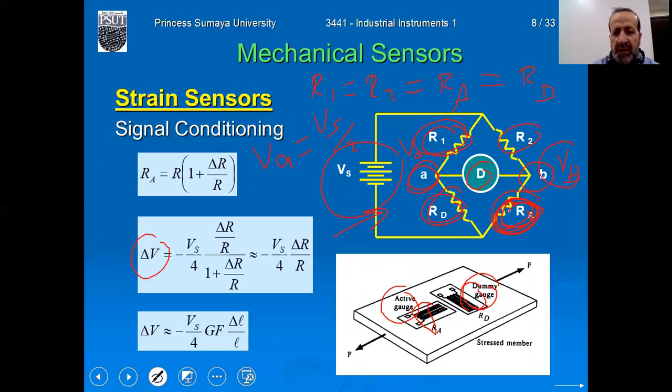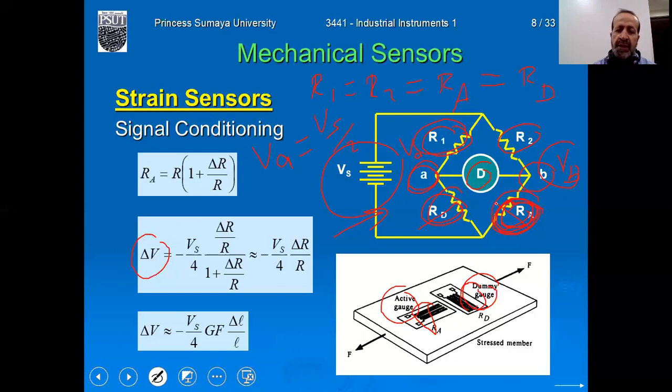So what is the benefit of the dummy here? As we said before, we need temperature compensation, because we use two strain gauges, one active, one dummy. If the temperature changes, this one will increase due to the temperature, and this one will also increase by the same amount, because they are near each other in the same environment.